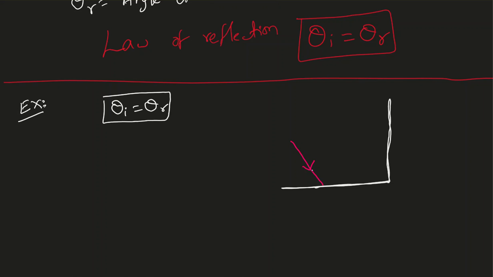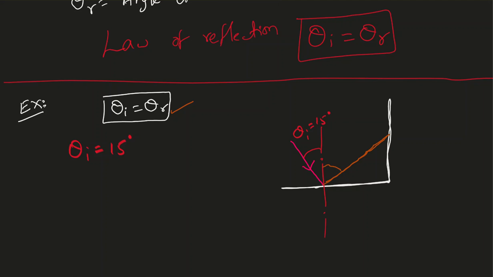Here the given information is, all we know is the angle of incidence. Theta I is given, which is 15 degrees. So theta I equals 15 degrees. Now what happened to this light? This light is going to reflect onto the second mirror, because we know that theta I equals theta R according to the law of reflection.